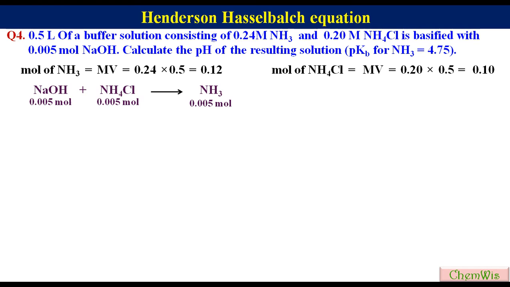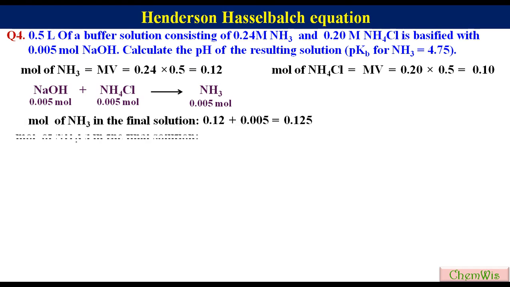So the number of moles of ammonia in the final solution will be equal to 0.12 plus 0.005, is equal to 0.125, and number of moles of ammonium chloride in the final solution will be equal to 0.10 minus 0.005, is equal to 0.095.